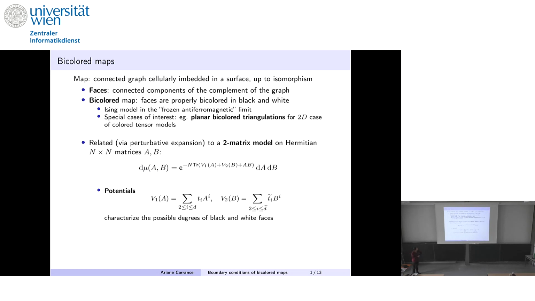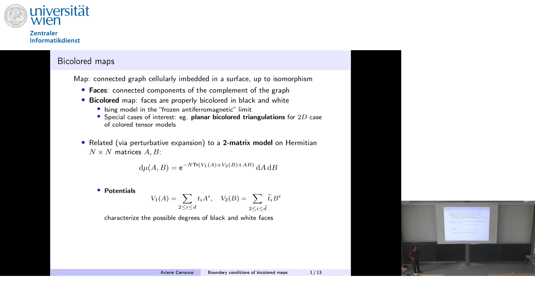Here you can specify the possible degrees of black and white faces by two polynomials, which will appear again later. But I just mention this for people who are more comfortable with matrix models, and I'm really not going to use that formulation later.